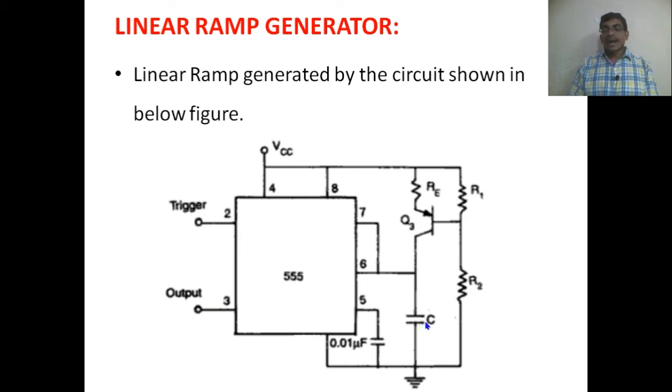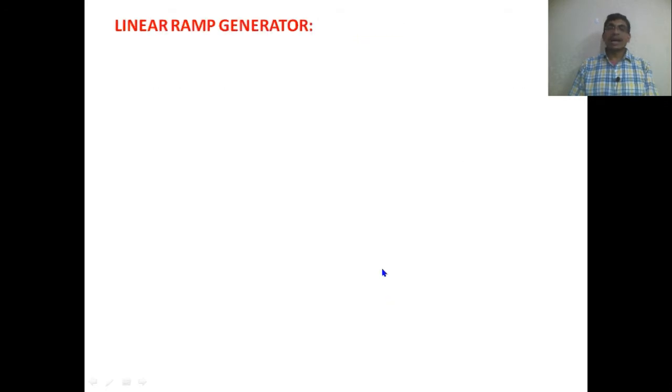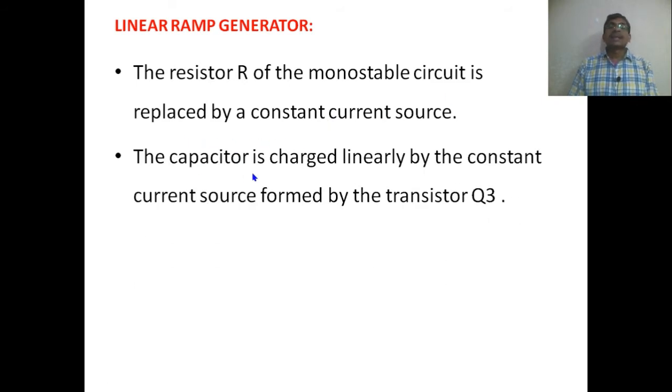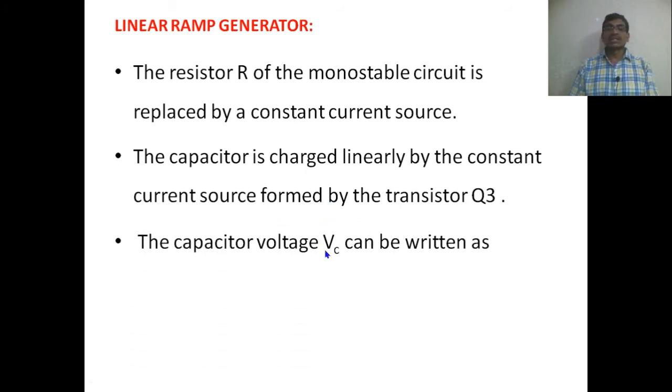Normally the capacitor will charge exponentially, but if the capacitor is charging through a constant current source, then it will generate a ramp. It will charge in the form of a ramp. See, the resistor R of the monostable multivibrator is replaced by a constant current source. The capacitor is charged linearly by the constant current source formed by the transistor Q3 in the circuit.